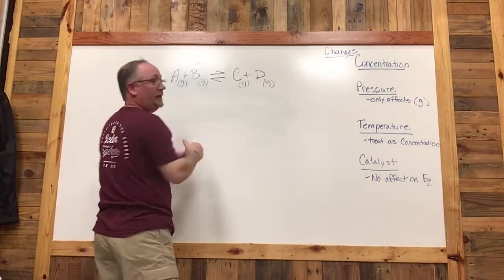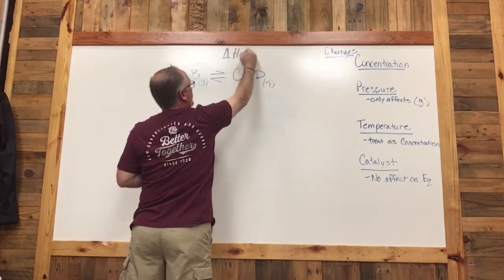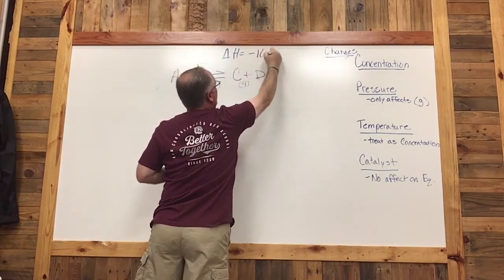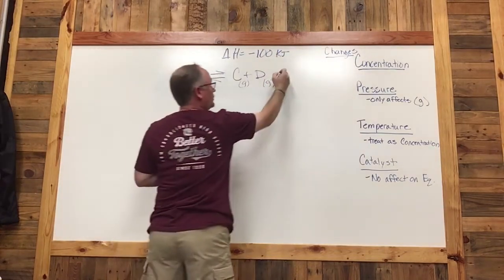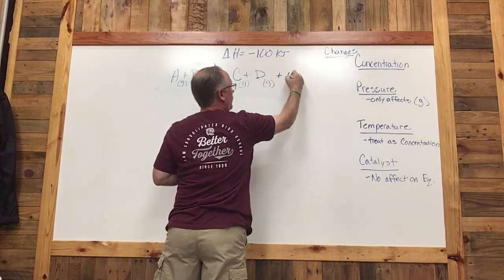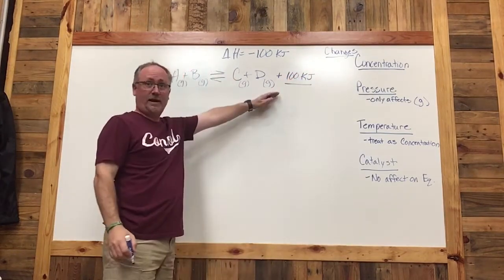If I say it's exothermic, so I said that the delta H for this reaction was negative 100 kilojoules, okay? That means that heat is leaving the system, so I would write my heat or 100 kilojoules as a product of the reaction, meaning that it's on that side.